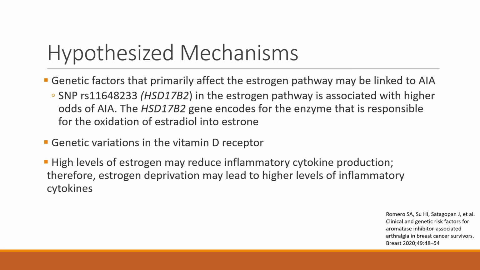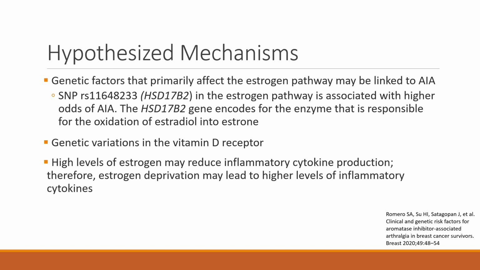The hypothesized mechanisms for aromatase inhibitor-associated arthralgia and possible mechanisms of how aromatase inhibitors can be associated with autoimmune conditions are laid out below. There has been evidence that genetic factors that primarily affect the estrogen pathway might be linked to aromatase inhibitor-induced arthralgias.